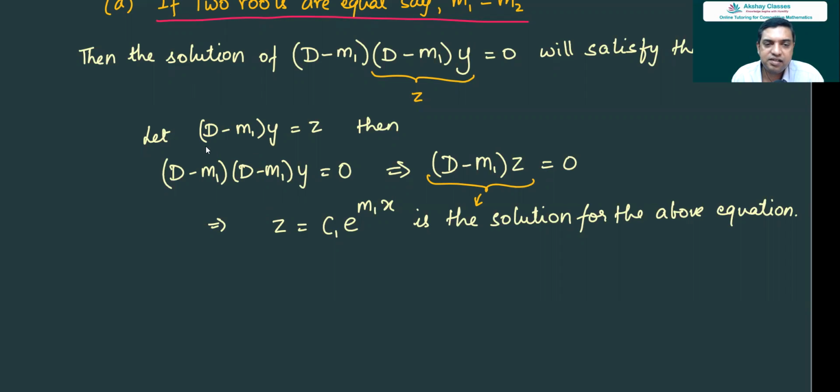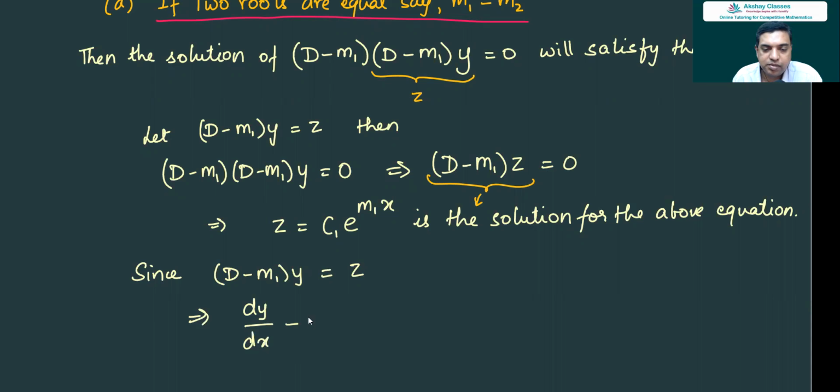Now what is z? Since (D minus m1) times y is equal to z, we have dy by dx minus m1y is equal to c1 e power m1x.